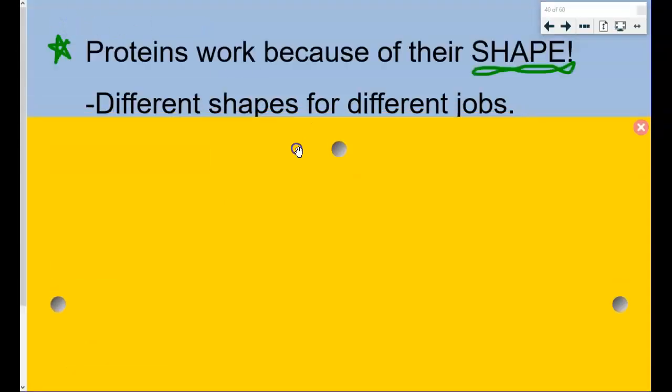So, different shapes for different jobs. Is that protein carrying oxygen? Is that protein part of a muscle for lifting? Is that protein used to digest food? Whatever it does, whatever shape it has, it has a different job to match the shape.